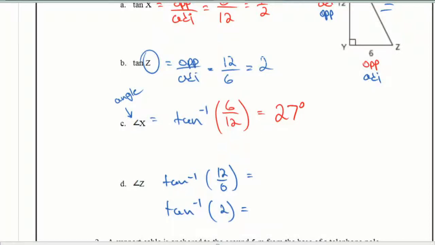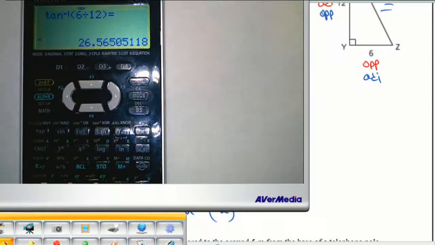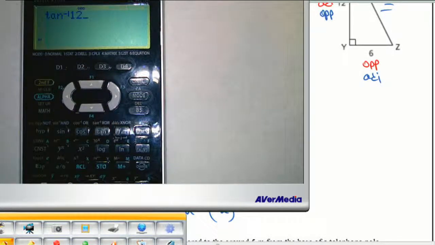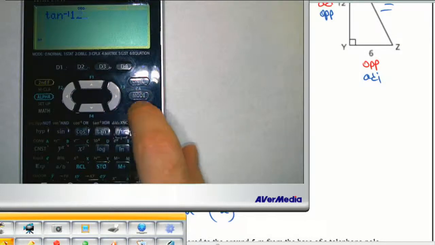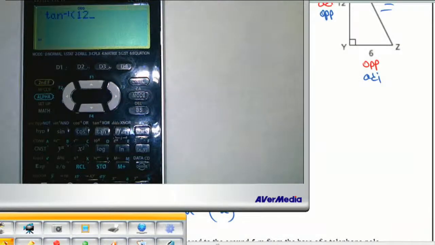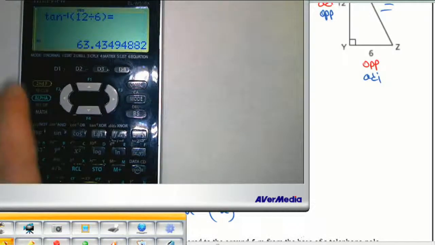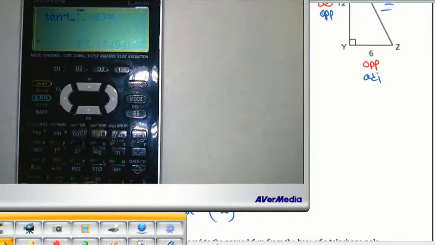So if we look at our calculator again, we're going to use the inverse tangent. So I'm going to go second function, tangent. And I can go 12, I should put a bracket in there, 12 divided by 6, and hit equals, and I get 63.4. Or I can take this inverse tangent, second function tangent, and instead of 12 over 6, I'm just going to go 2, because 12 over 6 is 2.